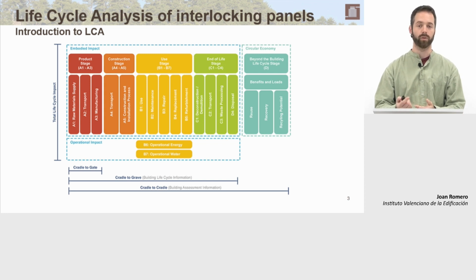As we're going to see later, each kind of stage has different inputs and outputs, and normally the most important and the most shown stage on life cycle assessments is the production stage, where the embodied impact is shown.